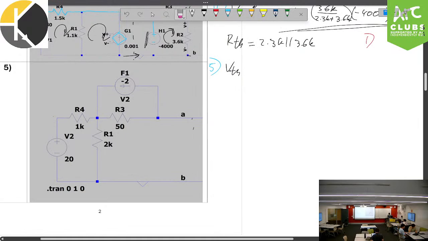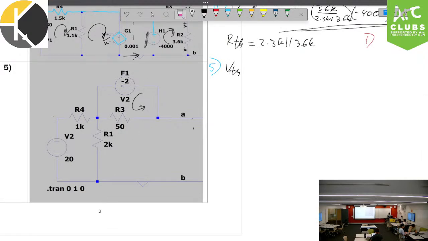We apply a mesh, and it tells us immediately how much current is going through this 50 ohms.